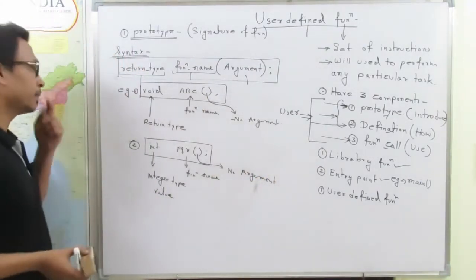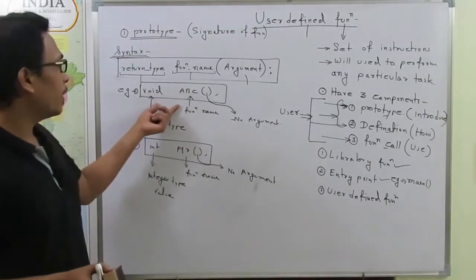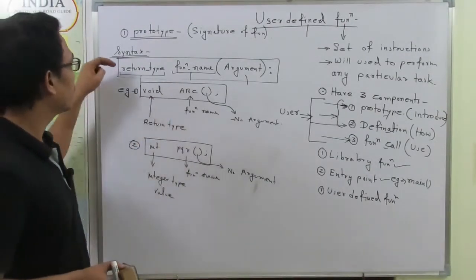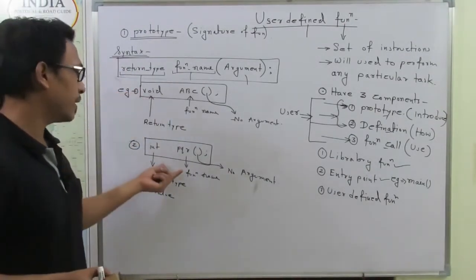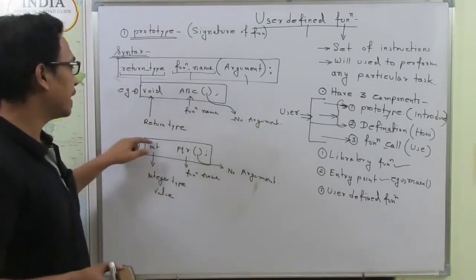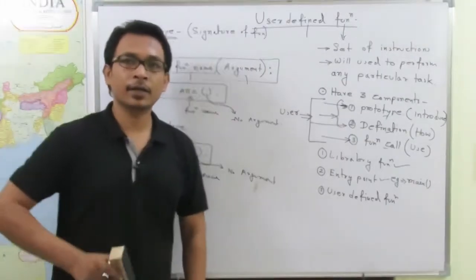Clear? Now this is an example of a function with no return type, and this is an example of a function with integer return type. Clear?